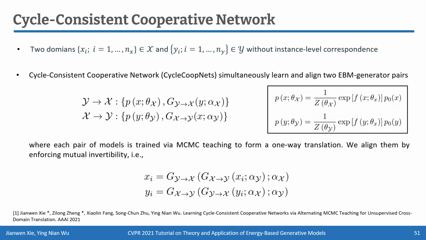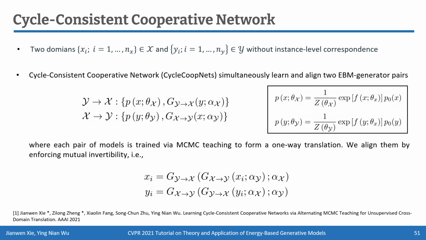Now, we will introduce an energy-based framework, the cycle-consistent cooperative network, for unsupervised image-to-image translation. Suppose we have two image collections from domains X and Y, respectively. The examples of these two sets are unpaired.